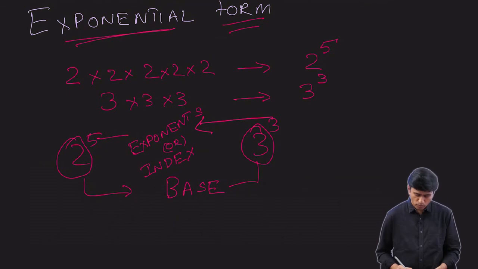So 2 and 3 are called the base, and 5 and 3 are called the exponents or index.